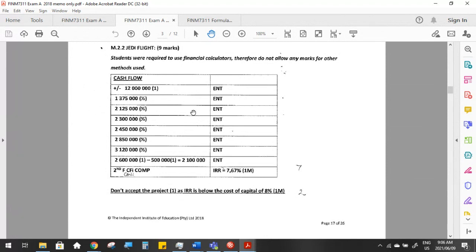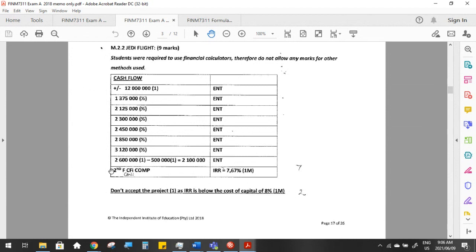And then each of the cash flows for each of the years would then be entered into the calculator. And here at the end, don't forget that 500,000 that they told you was not included in the cash flows. You had to include it in your cash flows. So you had 2.6 million cash flow in, minus an additional 500,000 cash flow out in year 7, giving a net cash flow in of 2.1 in that last year.